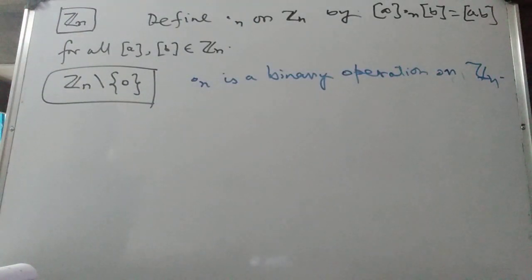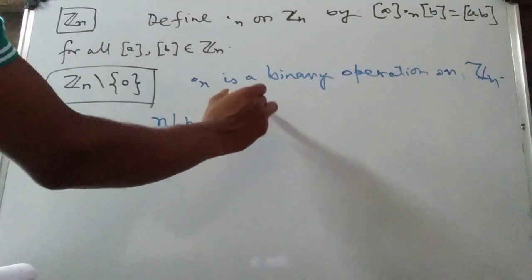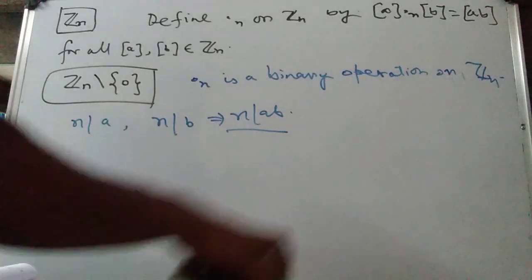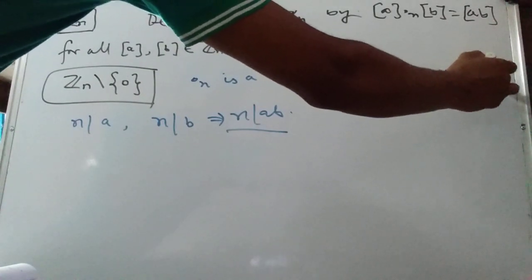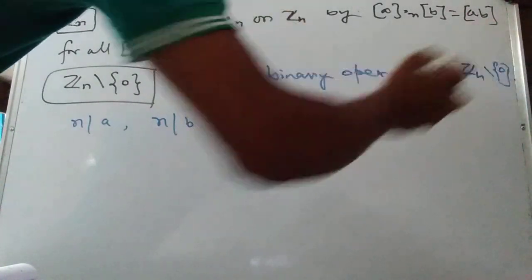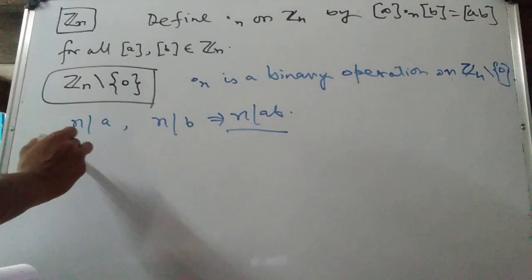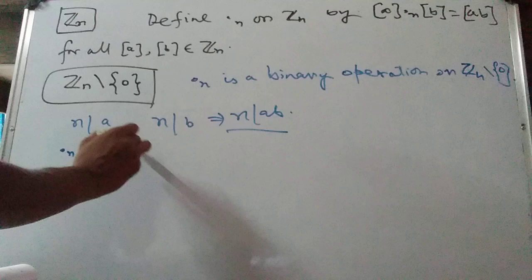Not a problem at all. This is easy: if n divides a and n divides b, then n divides ab. Since it is a binary operation on Zn minus 0, multiplication with respect to modulo n is also associative.